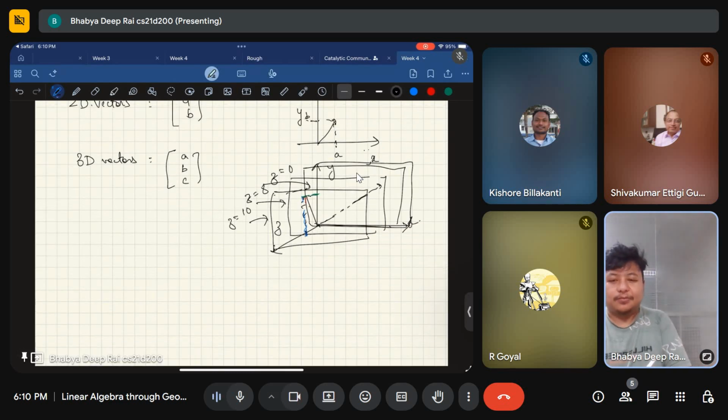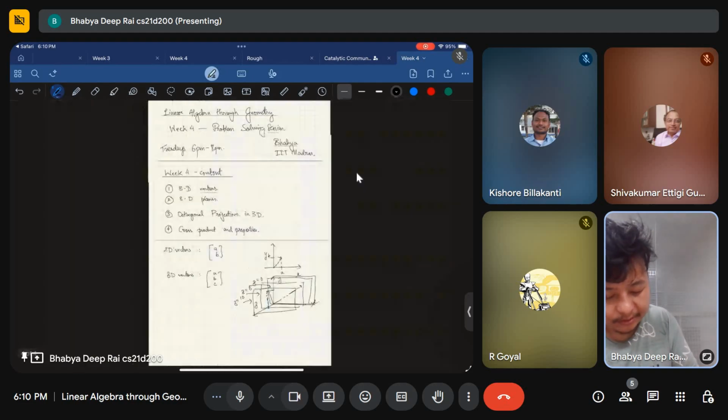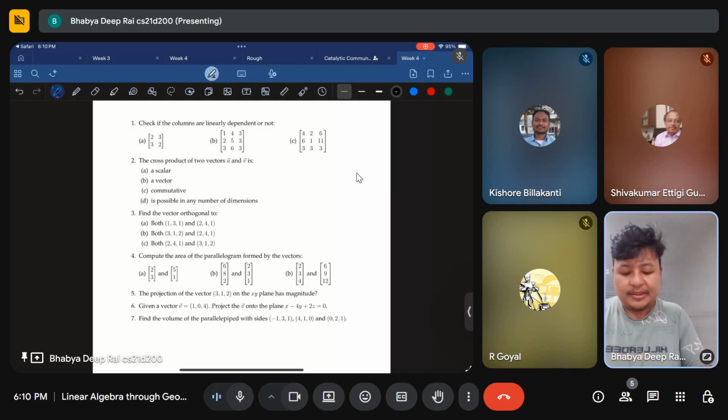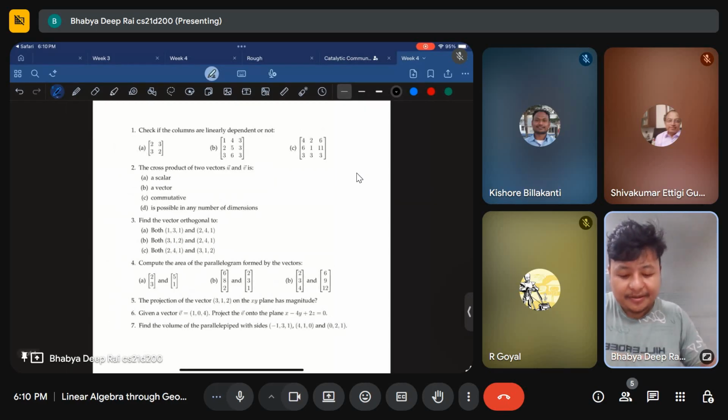Now let's look at the questions. We'll directly go and look at the questions. So now it's about linear independence.